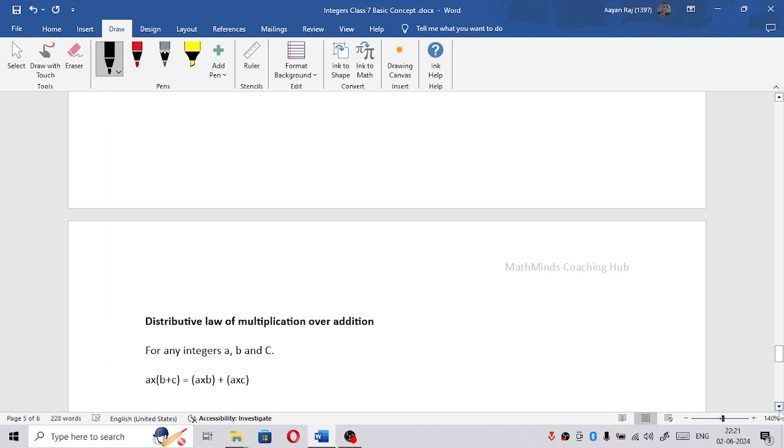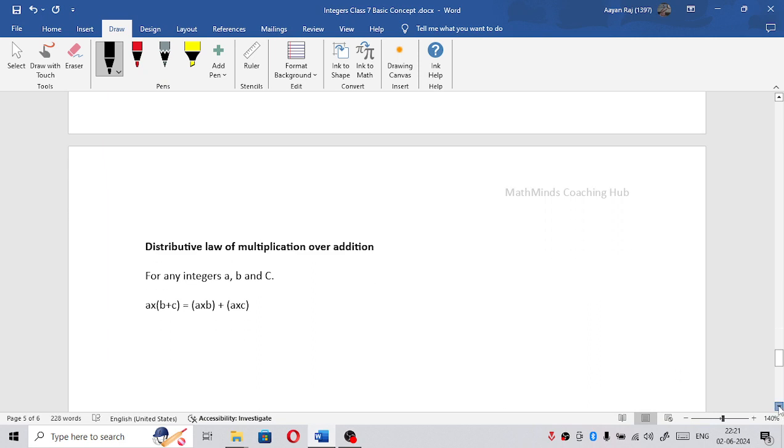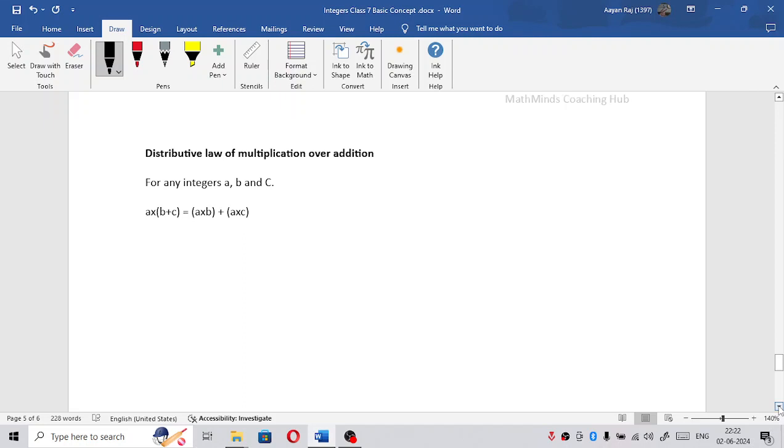Okay, now we would learn one of the principles which would be helpful for solving some of the questions. The first principle is the distributive law of multiplication over addition. It states that when there are three integers a, b, and c, a into (b plus c) is equal to a into b plus a into c.